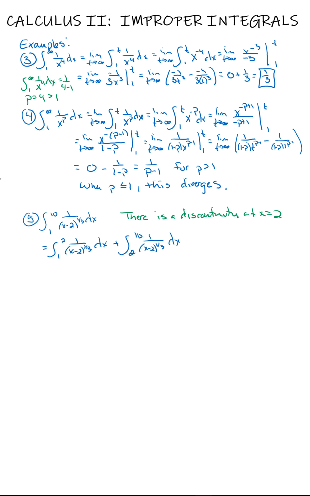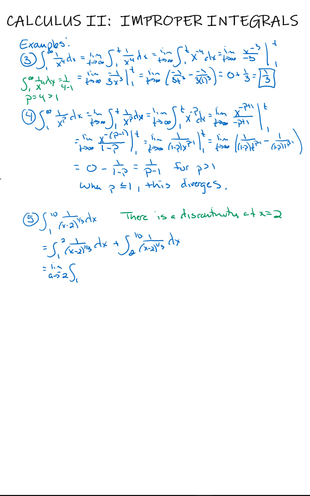Now we need to be careful because that 2 is an endpoint now, so we'll have to approach it from within the interval on each one of these limits. So for this first limit, we'll take the limit as a goes to 2, but it needs to be from inside the interval, so from the left-hand side.